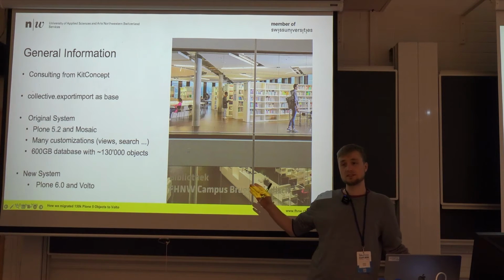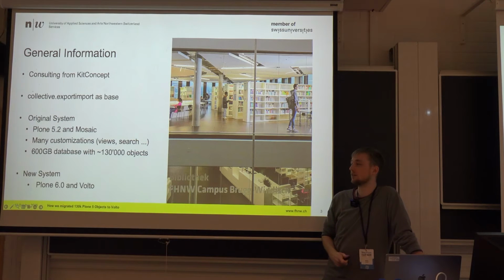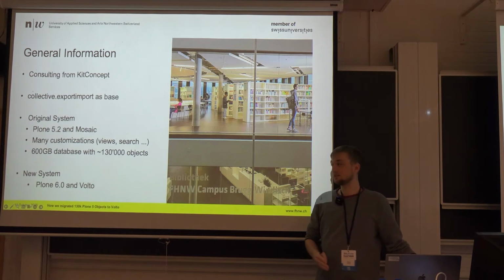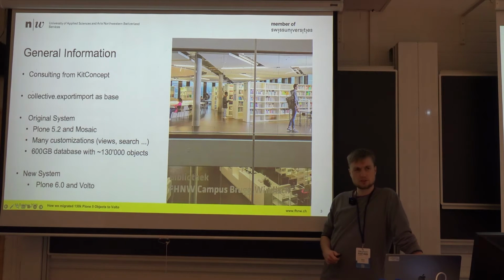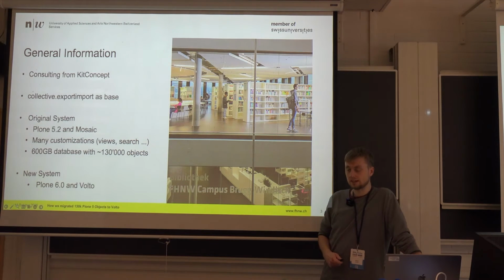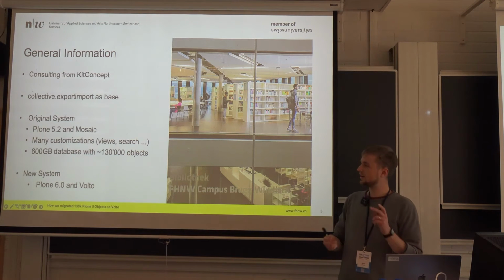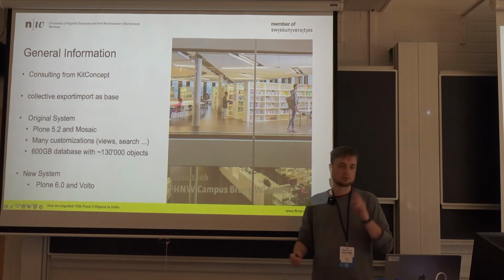Let's look at the systems. The original system was a Plone 5.2 with a lot of Plone Mosaic pages, and we had a lot of customizations there. Regarding Mosaic, we had about 20 or 30 custom tiles. We had a lot of business logic, 5 internal custom packages, and custom workflows.